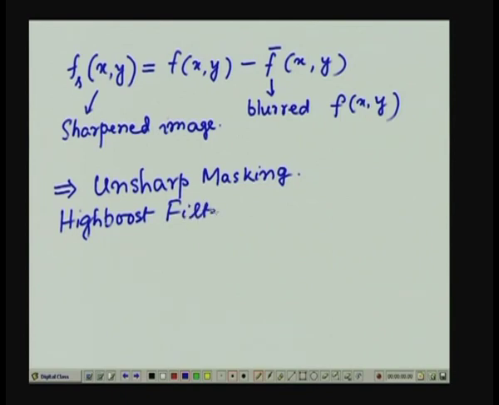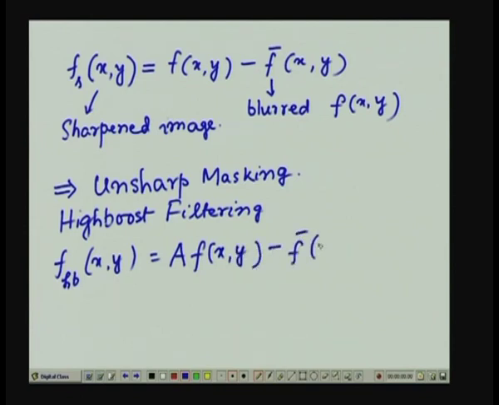We can write it in this form, f_hb(x,y), which is nothing but A times f(x,y) minus f bar(x,y), for A greater than or equal to 1. So, you find that if I set the value of this constant A equal to 1, then this high boost filtering becomes same as unsharp masking.